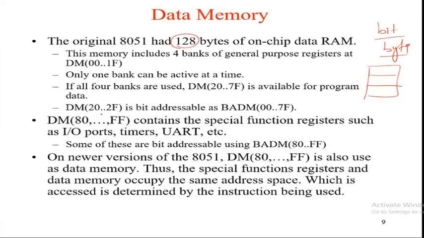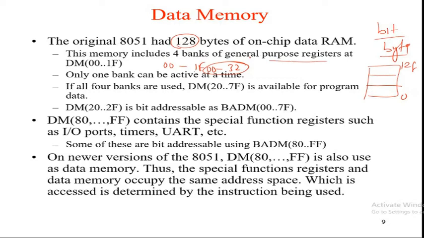See here, in the first 128 bytes of memory, 00 to 1F. What is the decimal equivalent of 1F? 16 power 0 into F plus 16 power 1 into 1, which is 31, so 32 locations. So 00 to 32 are going to be for general purpose registers.